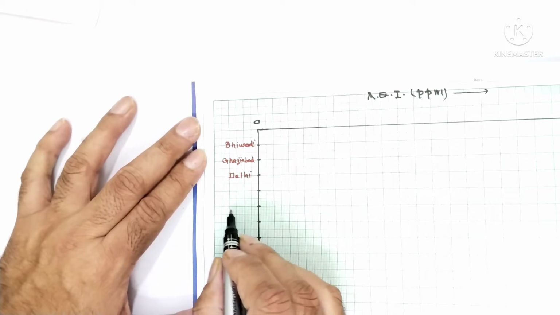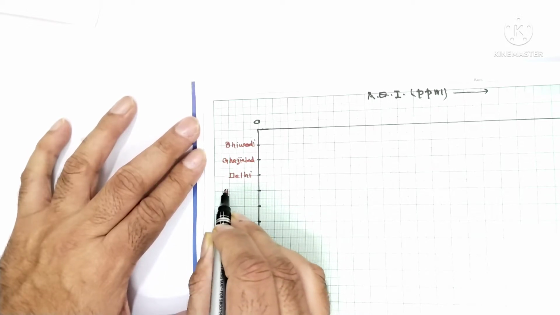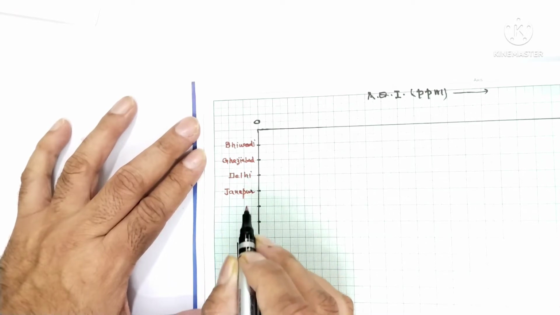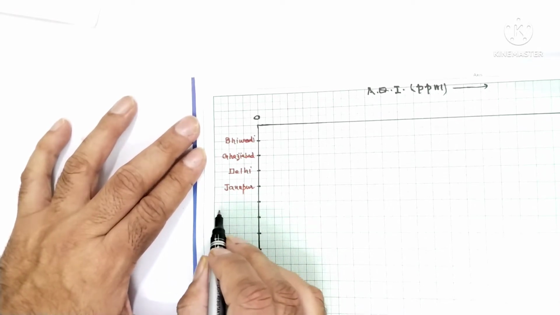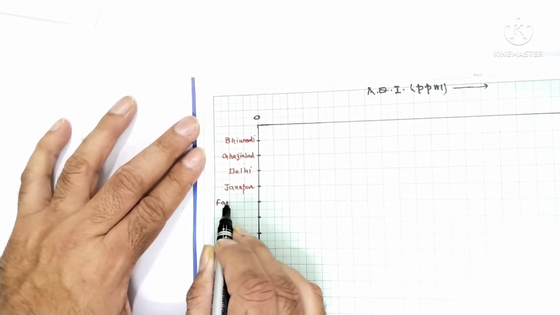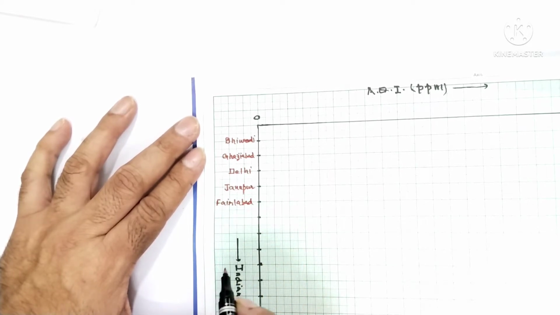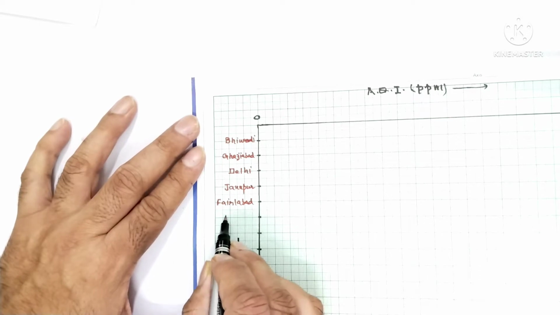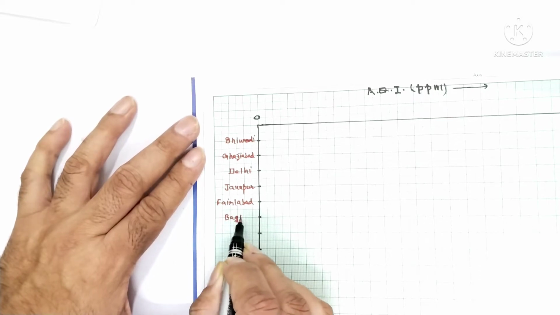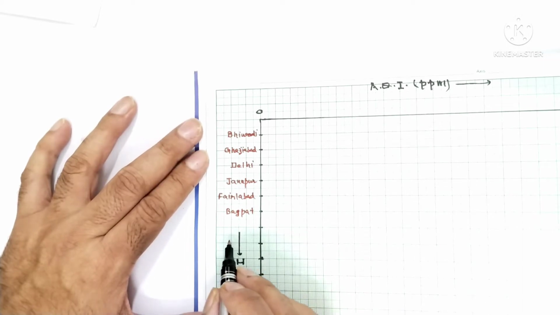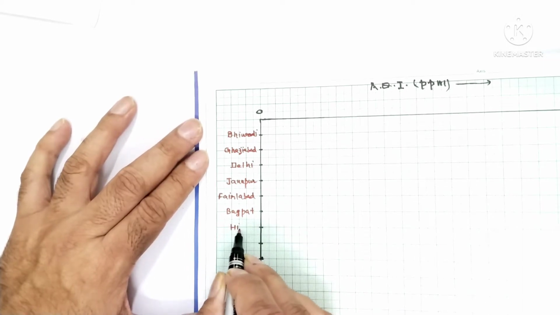The next is Jaunpur, and Jaunpur, as I have mentioned in the table, is in UP. The next is Faisalabad, it is in Punjab. The next is Bagpat. Bagpat is in UP. Then next is Hisar, it is in Haryana.